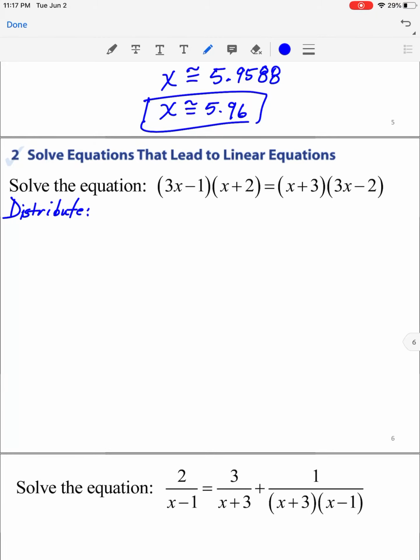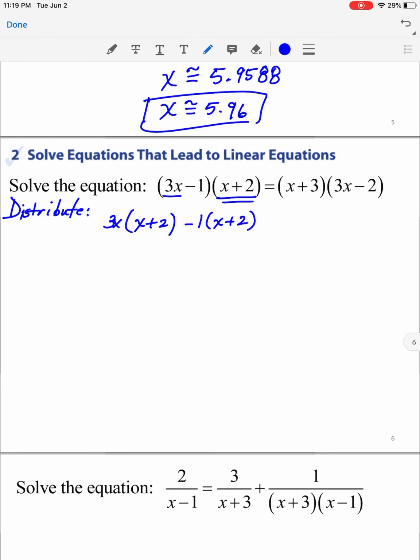All right, I have 3x times everything in that second group of parentheses. So I'm just going to write this all out. 3x times x plus 2 because I want to make sure I get everything. And then I have -1 times everything in that second group of parentheses.